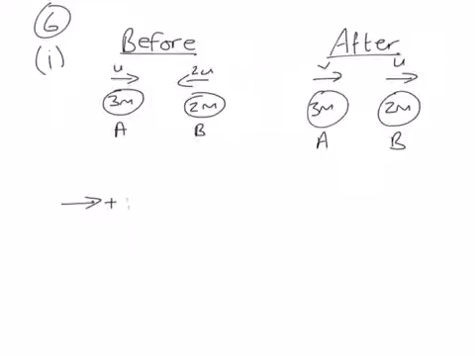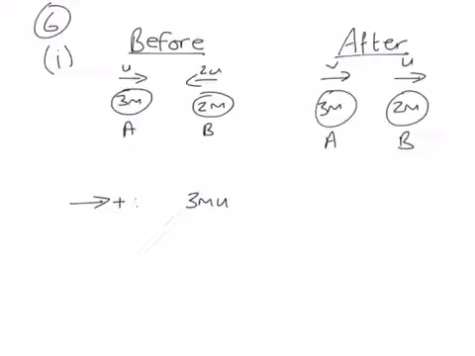So we can say that 3mu minus 4mu is equal to 3mv plus 2mu.